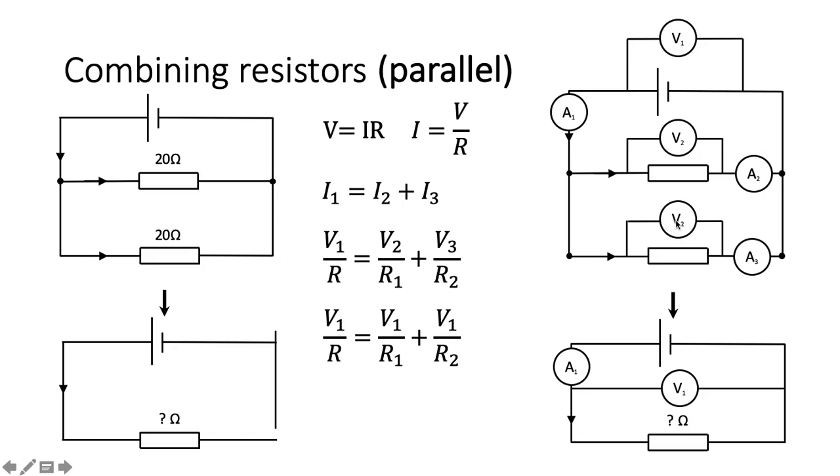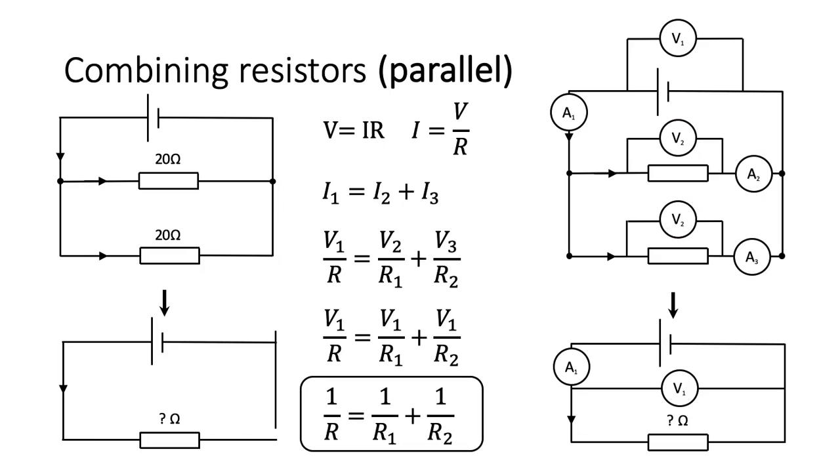V1, V2, and V3 are identical. Therefore, 1 over R equals 1 over R1 plus 1 over R2. So that's the rule for parallel resistors: 1 over the total resistance equals 1 over the first resistance plus 1 over the second resistance. And if we had further resistors in parallel, you could add those onto the end.